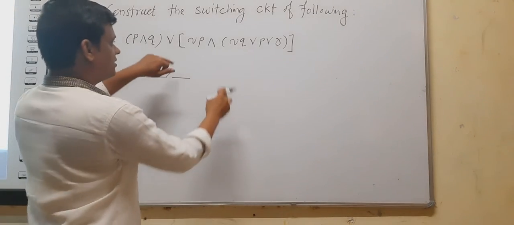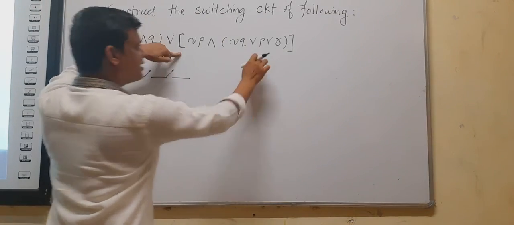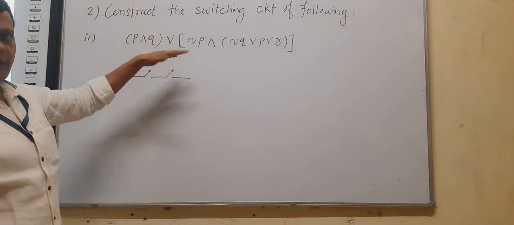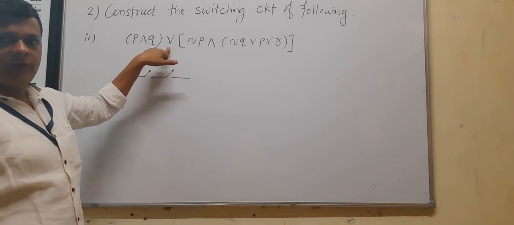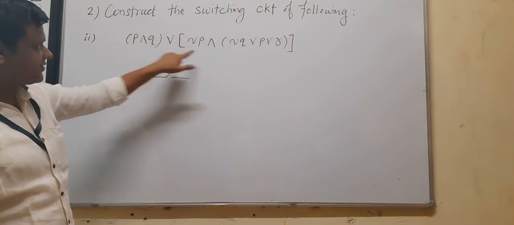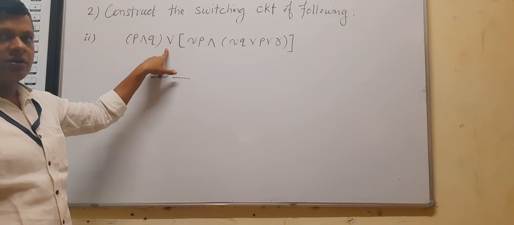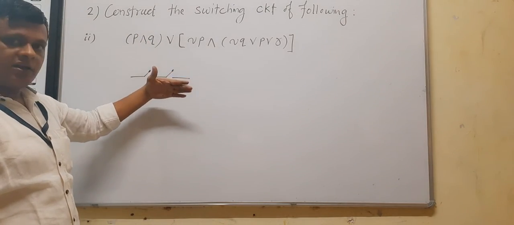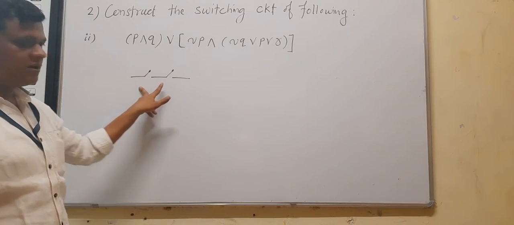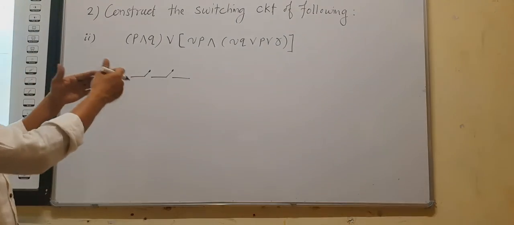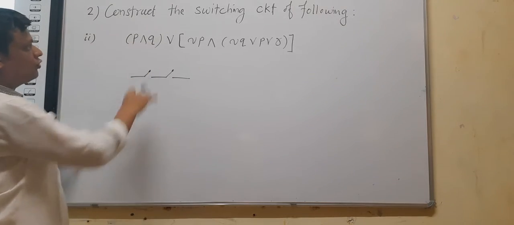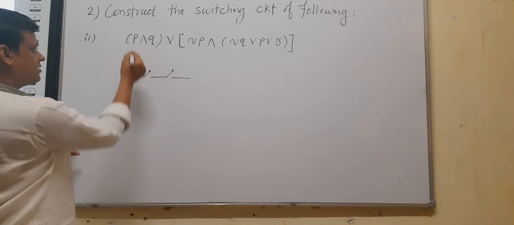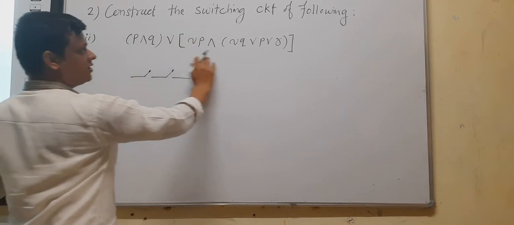We have to construct a second circuit for this second bracket. First we have to observe their combination. First bracket, second bracket, here is OR. That means the second circuit is in parallel combination with this first circuit. So we construct it below the first circuit. This is the first circuit and we have to construct this second circuit.